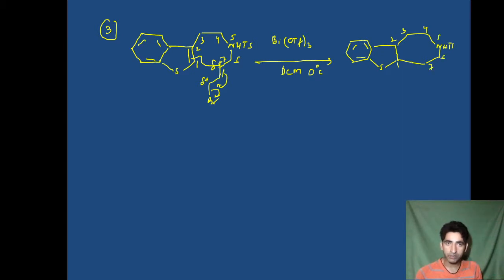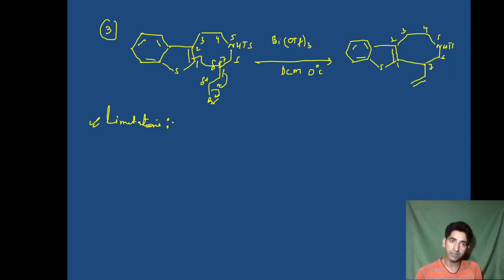To this 7 membered ring we have a CH2 double bond CH2 group attached, like this. So this is the product of the reaction over here. A double bond will be generated. Now see how easy it is. Now let us see what the limitations of this reaction are.